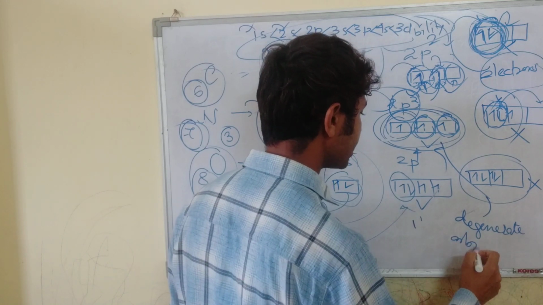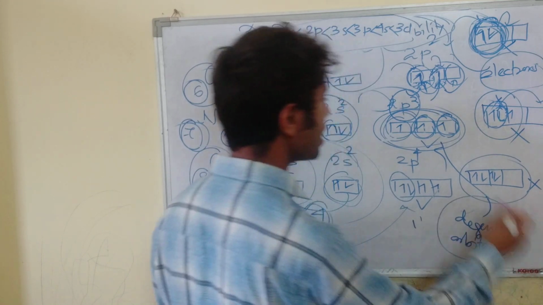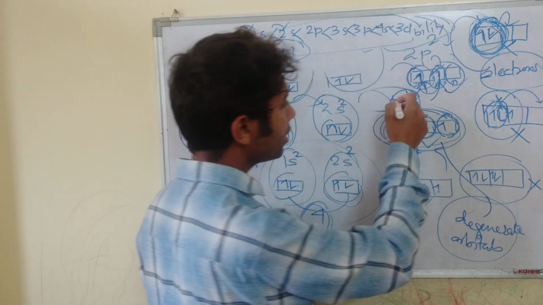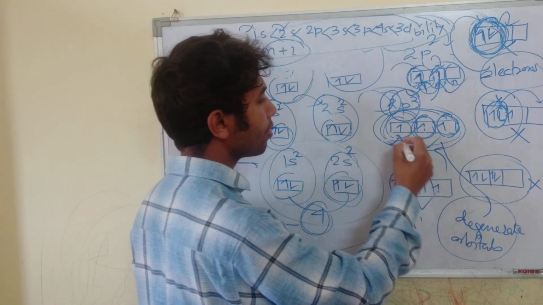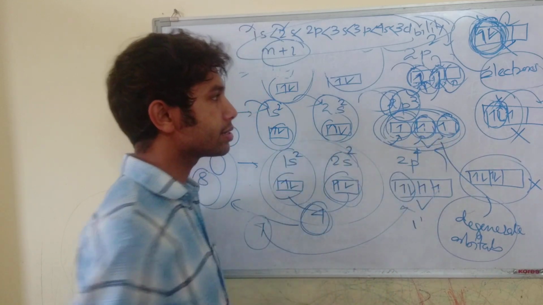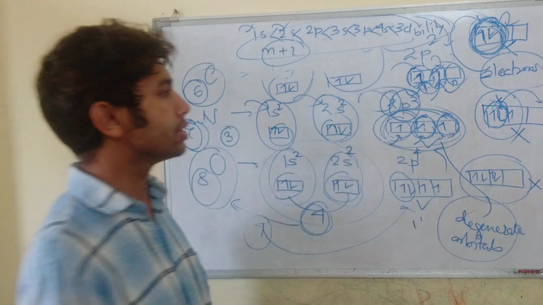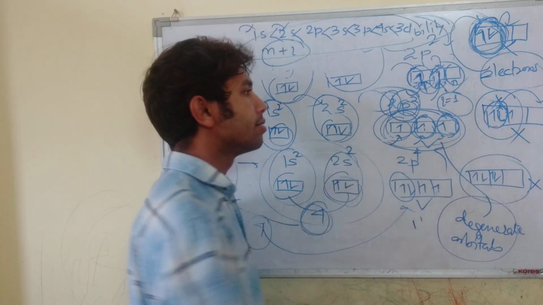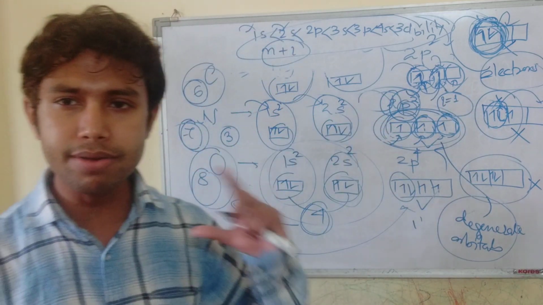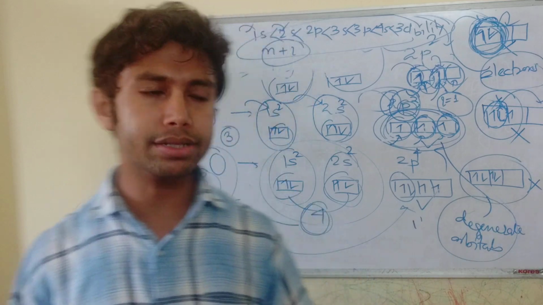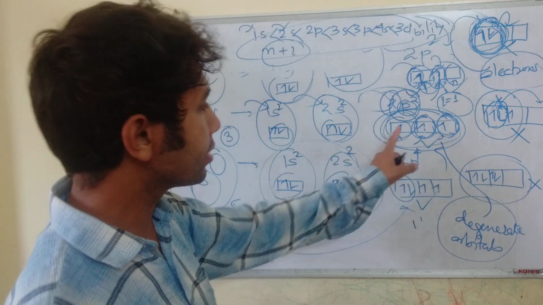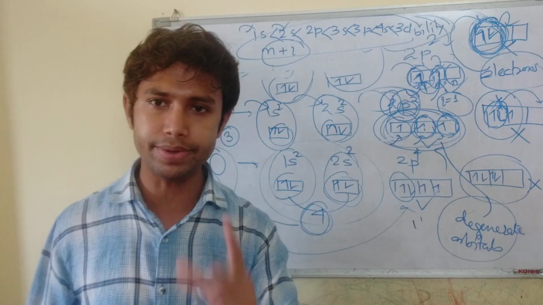Here n value is 2 and l value for p orbital is 1. So n and l values are the same for these degenerate orbitals. Degenerate orbitals first have to be singly filled.